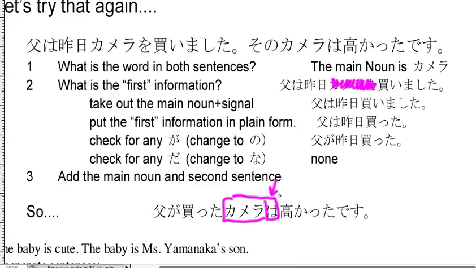Because wa is who or what we're talking about in the main sentence, and you can only ever have one wa per sentence. But ga is like a junior wa. It allows you to have another wa in the sentence, it's just not the main thing you're talking about. So that wa changes to ga: Chichi ga kino katta. Now we have our first piece of information. Chichi ga kino katta kamera wa takakatta desu.